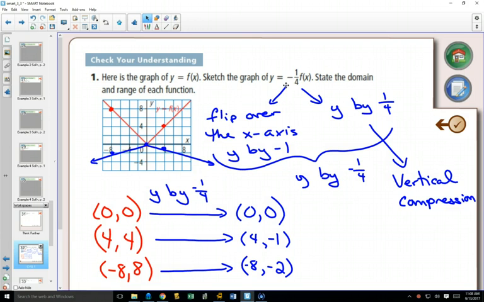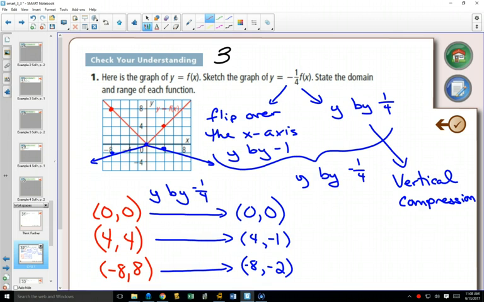Questions you can do for this one are just question number 3. We are going to do the next example because it's just one example, so you have a couple to work on. I also want you to notice in this question that you recognize this is one of our parent graphs.